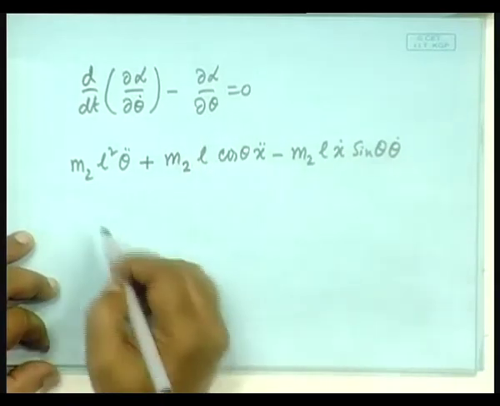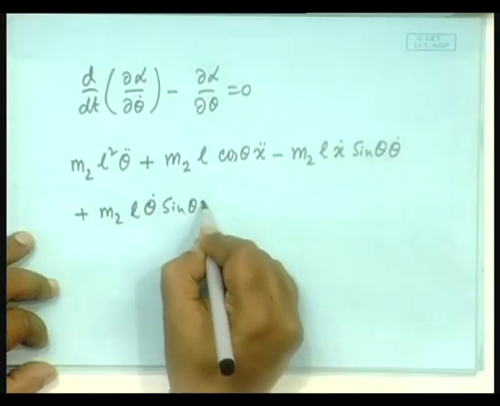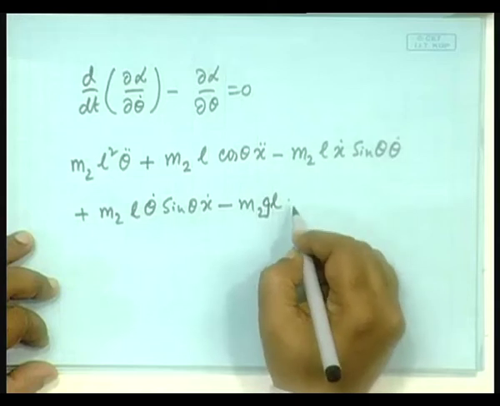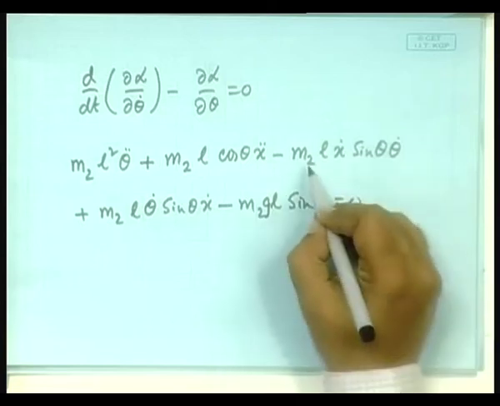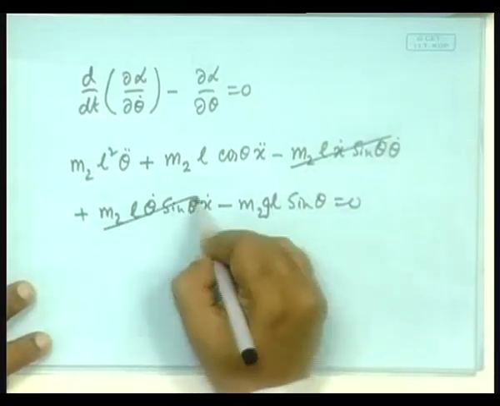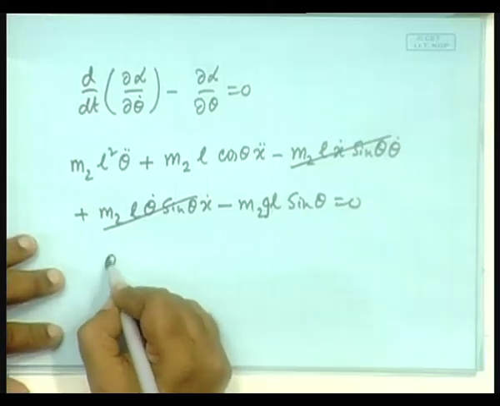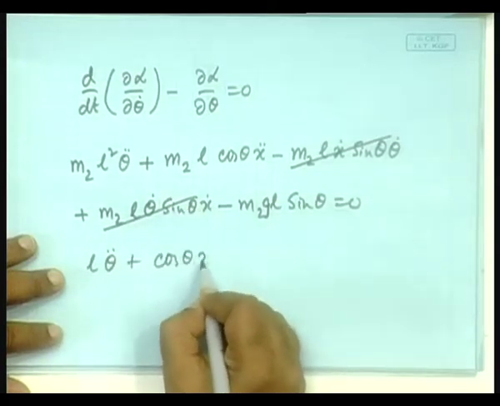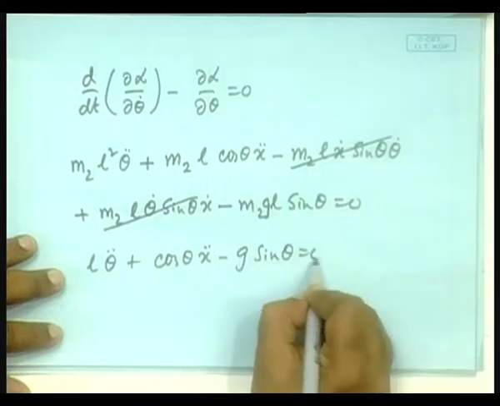Then plus this one, so plus m2 L theta dot sin theta x dot minus m2 g L sin theta equal to 0. Does anything cancel off? Yes, the third and the fourth, they cancel. M2 L cancels off. So it is actually a simpler equation: L theta double dot plus cos theta x double dot minus g sin theta equal to 0.